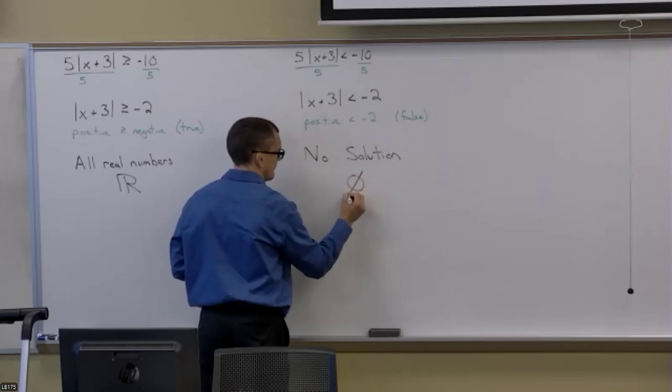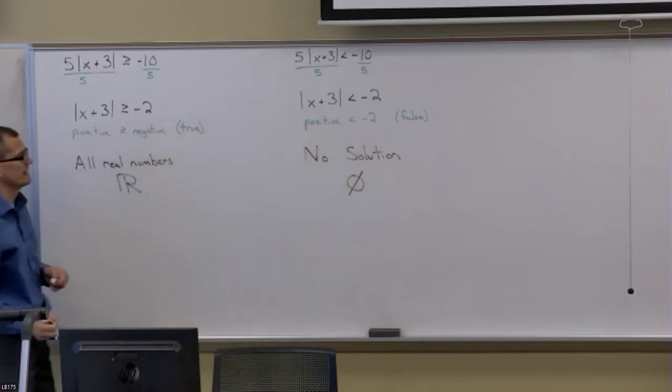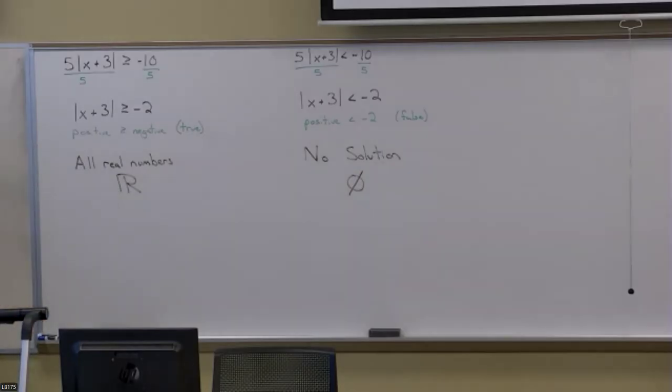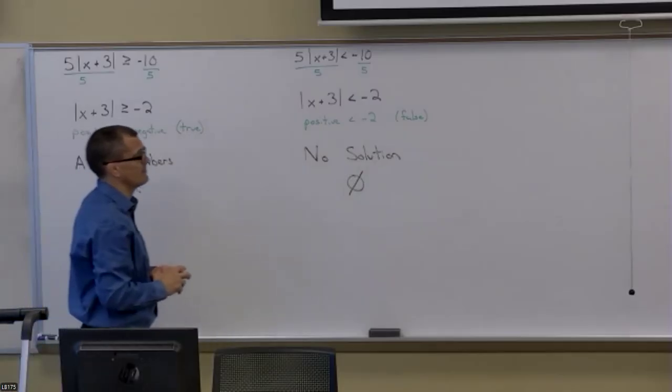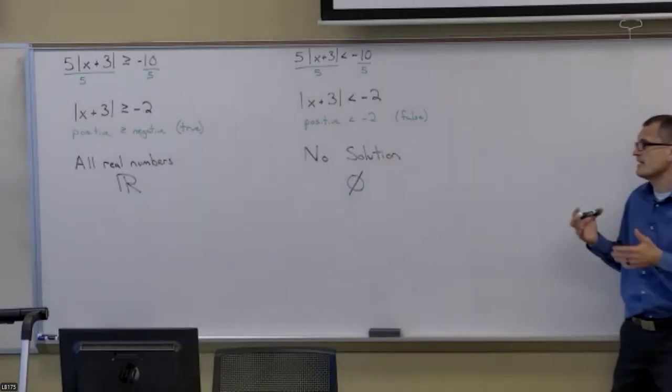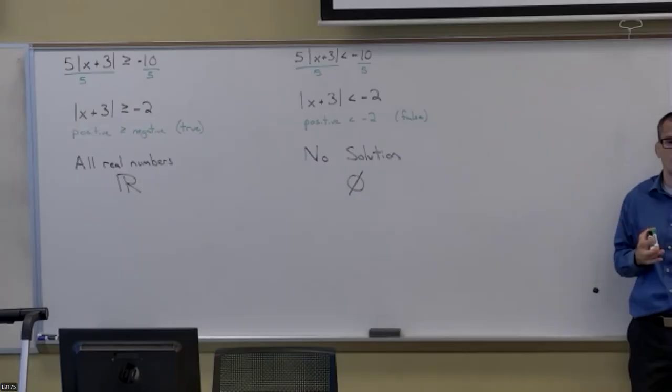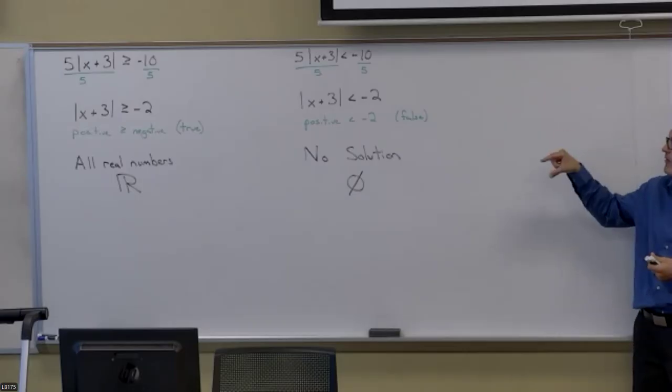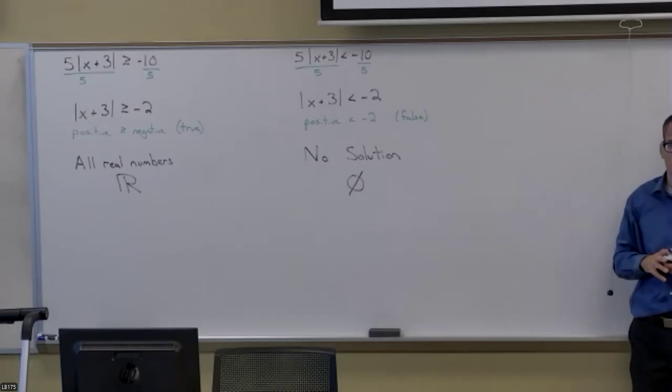And again, symbolically, you might see something like the empty set in the book, or if you're reading in a book somewhere. So when we have a negative on the right-hand side, we end up essentially getting either all real numbers or the no solution option, depending on how our inequality sign is pointing.